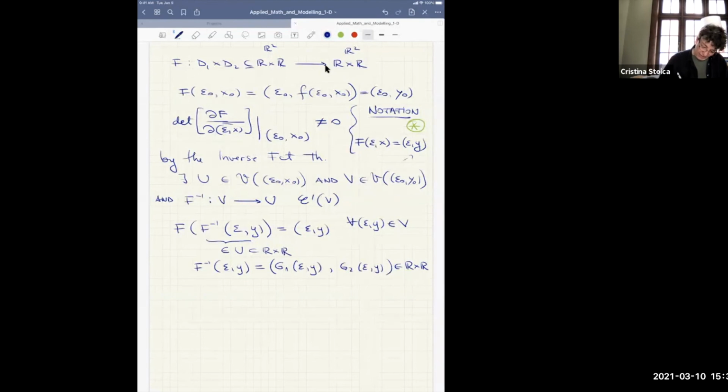Then we have F of (G1(ε, y), G2(ε, y)) equals (ε, y). I didn't do anything but argue that F⁻¹ has two components. But now F of (ε, x) is (ε, f(ε, x)) by definition, because that's how we defined the capital F.